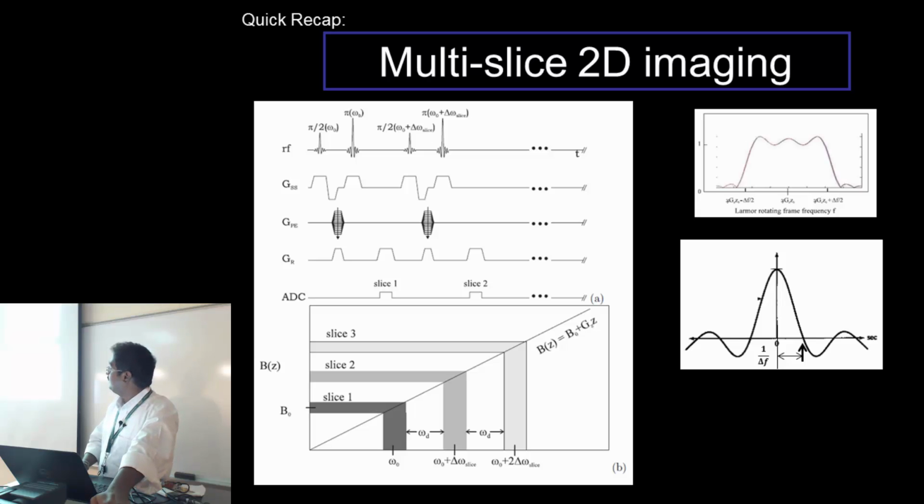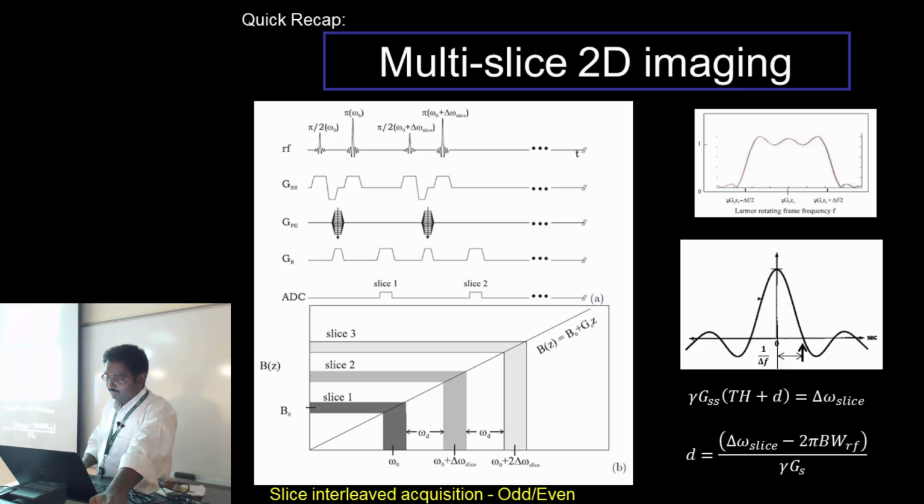So obviously you have these side bands, and you don't want your signal to be contaminated from the next slice. So to avoid that, you either have slice gaps or you do an interleaved approach of acquisition, which is basically acquiring every odd slice and then every even slice, or vice versa. Basically, you're acquiring alternate slices.